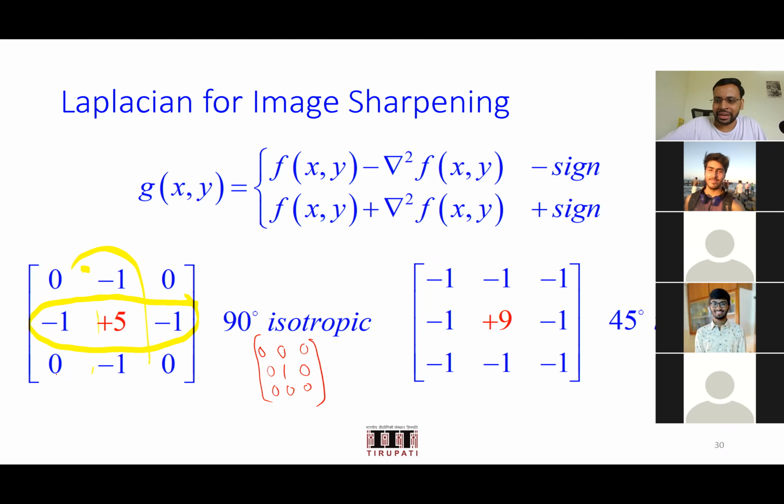So I'm coming back again to the question. What Shashwat was asking is, how is this different from Sobel? Sobel horizontal and vertical edge detection versus Laplacian to find edges, how are they different? Do you see any difference there?